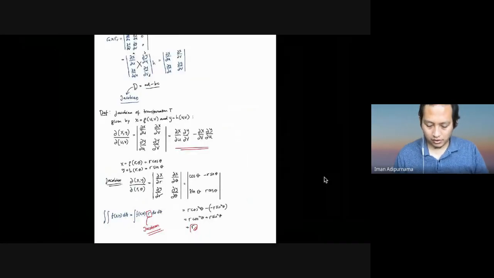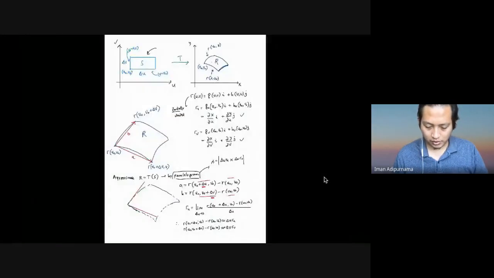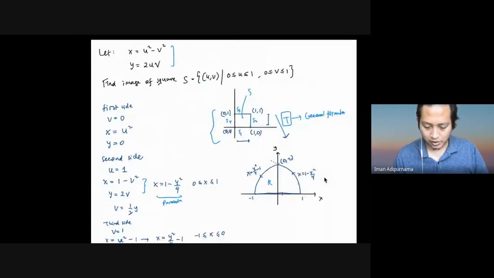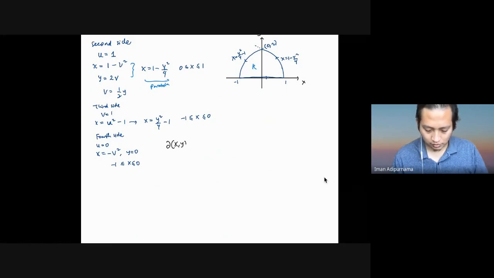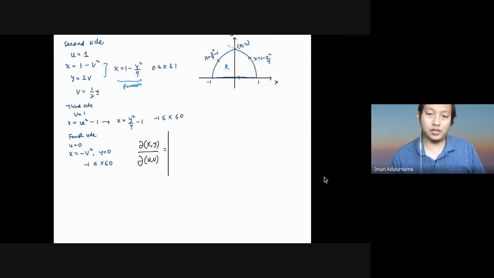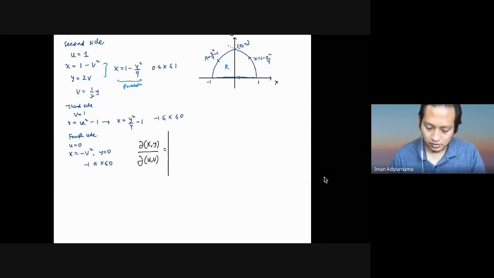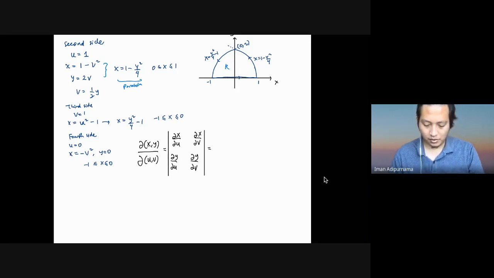Okay. Now, if we want to look more into the first problem here, let's write our Jacobian. So dou x, y, dou u, v. It's more practical if you are just using the Jacobian to check the determinant. Okay, let's see.